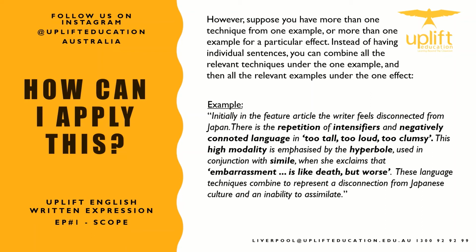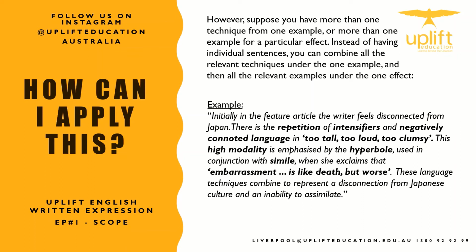Now look at what we've done here. In sentence 1, we offered our topic sentence, an idea that talked about being disconnected. In the second sentence, we brought in 3 technique words: repetition, intensifiers, and negative connotations with a quote: too tall, too loud, too clumsy. In the sentence following, we had another technique, high modality, another technique, hyperbole, another technique, simile.